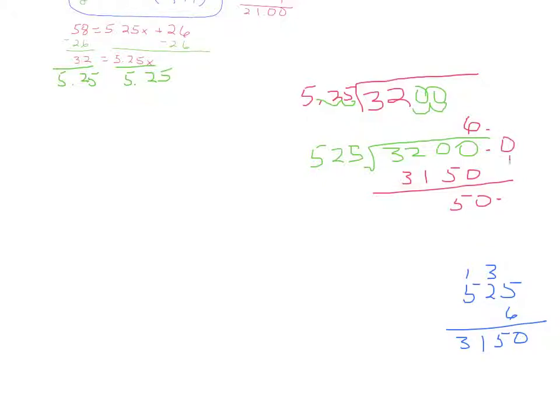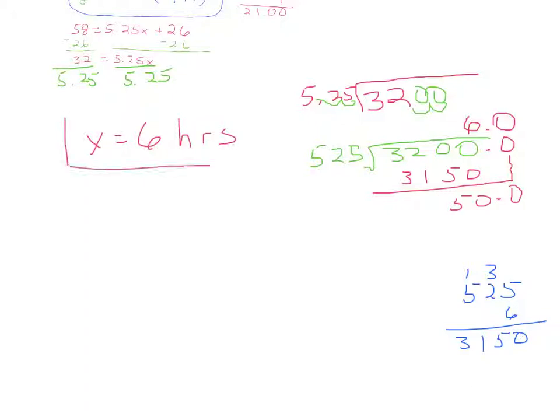And then we bring down this 0, and we see that 525 doesn't go into 500, so we put a 0 there. Since we're going to round to the nearest 6, all we need is that 0 to tell us we're not going to round up. We're just going to leave the 6 as 6. So the answer is that x equals 6 hours.